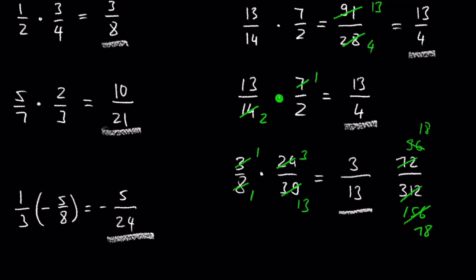And then 18 divided by 2 is 9, and 78 divided by 2 is 39. And then finally 9 divided by 3 is 3, and 39 divided by 3 is 13.